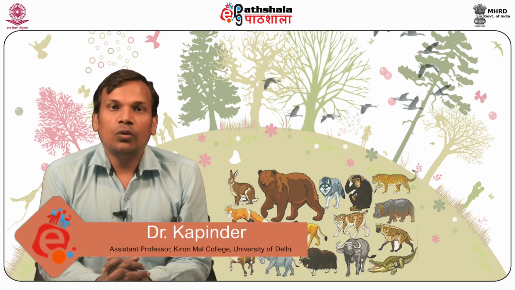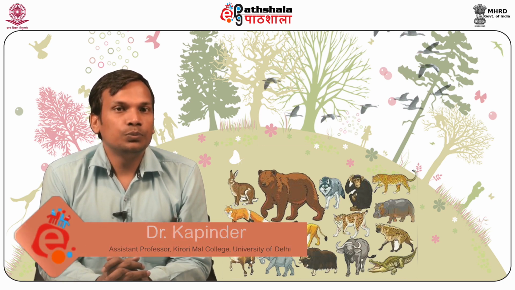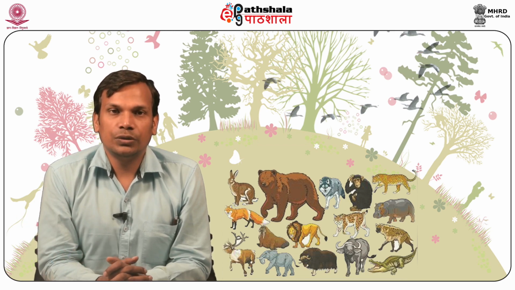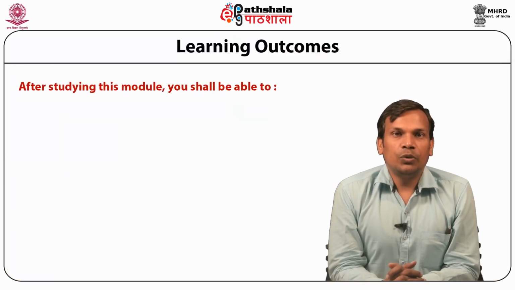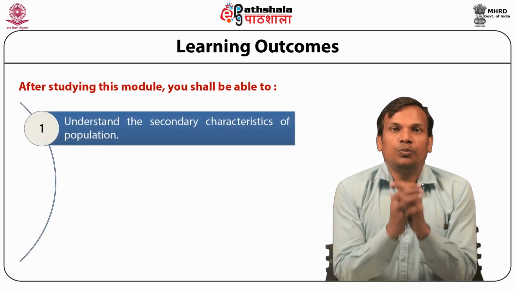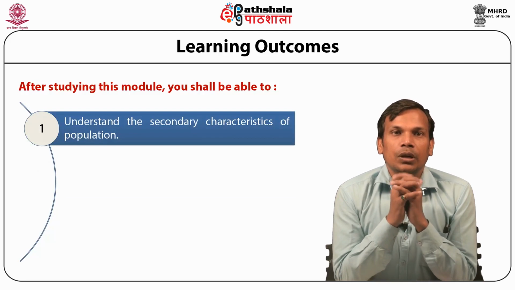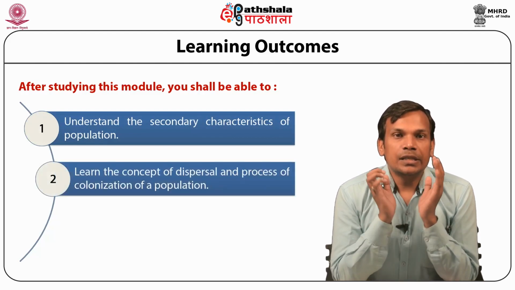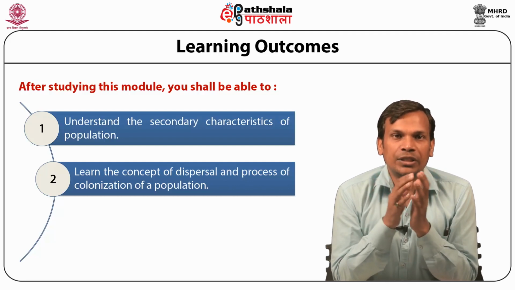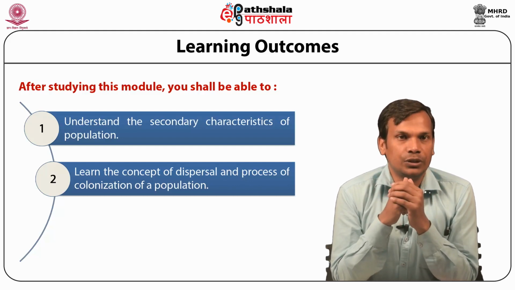Today we are going to talk on module Population Part 2 from paper Ecology. After studying this module, you shall be able to understand the secondary characteristics of population. You will learn the concept of dispersal and the process of colonization of a population.